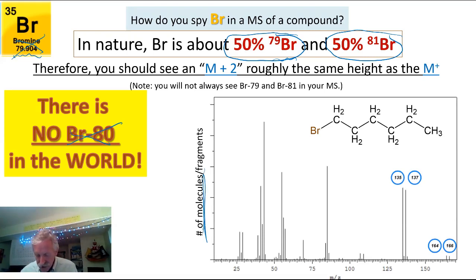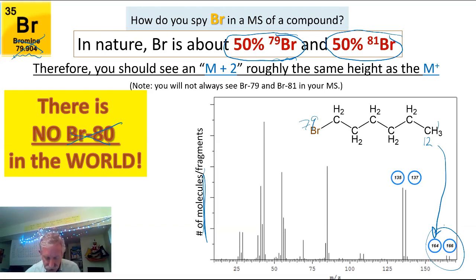And so if it measures every molecule, I can look for these peaks that are the heaviest molecular weight for this compound, for example, 1-bromohexane, and see that if I do the math with carbon-12 and H1 and Br79, I will get that all to equal 164.